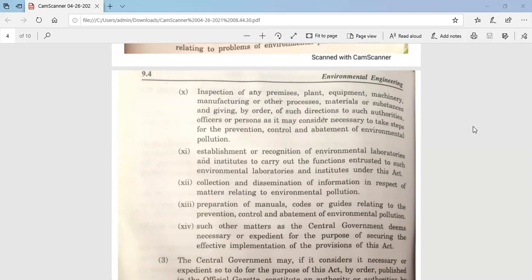Establishment or recognition of environmental laboratories and institutes to carry out the functions entrusted to them under this Act. Collection and dissemination of information in respect of matters relating to environmental pollution, and preparing manuals, codes, or guides relating to the prevention, control, and abatement of environmental pollution.